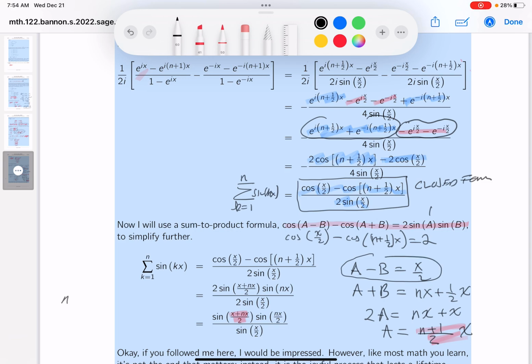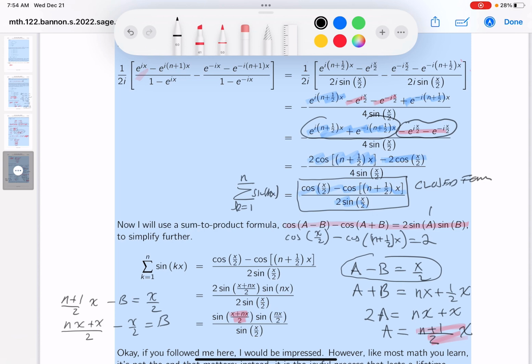So A is n plus 1 over 2 times x, minus B equals x over 2. And let's write this down. This would be nx plus x over 2 minus x over 2 is equal to B. We're trying to figure out the B, right? And you're just going to get nx over 2 now.